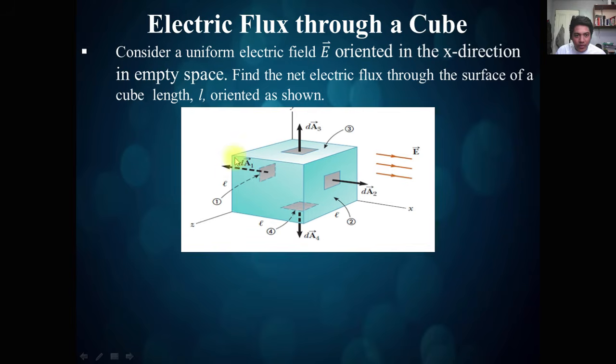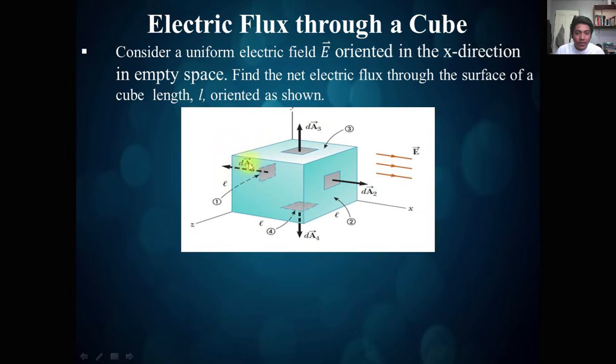Would you agree with me also that if we look at this side of the cube, there is a normal vector in this direction, because it faces the z direction? So, x, y, and z coordinates, what is the angle between the coordinates? X, y, for example, what's the angle? 90 degrees.